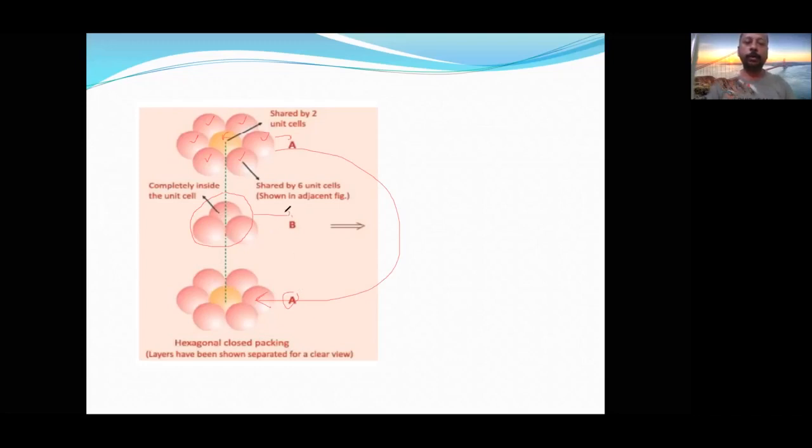Even though they are not at the center, they are still called body center because they lie within the body. Is it understood? So this type of structure is called an AB arrangement. AB arrangement is for the HCP.